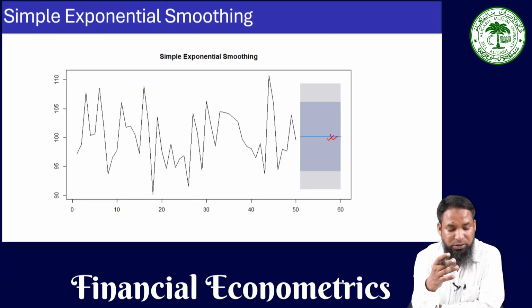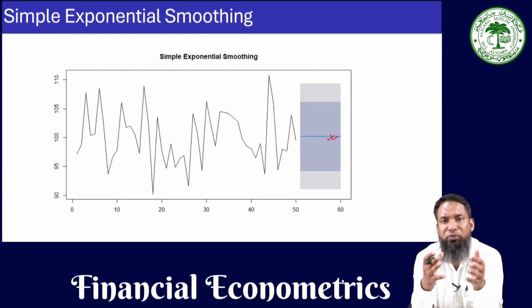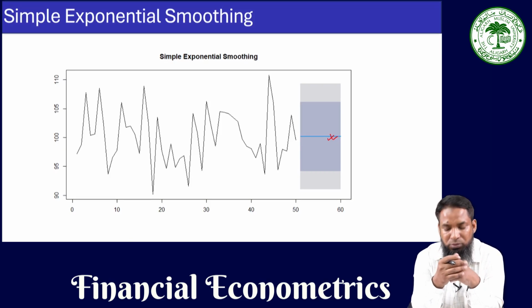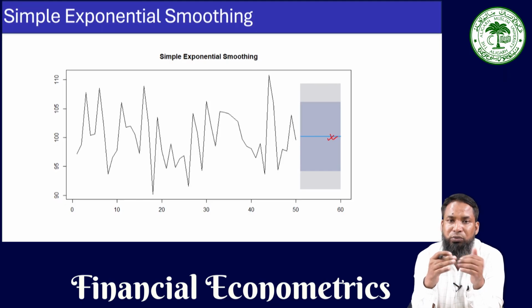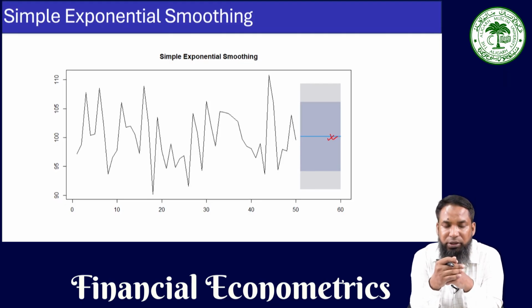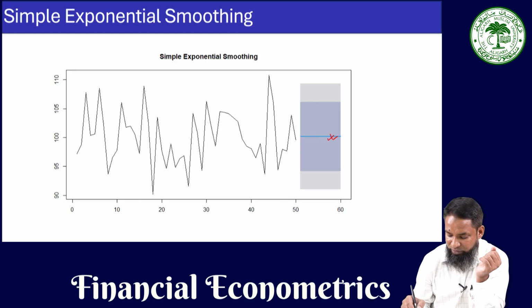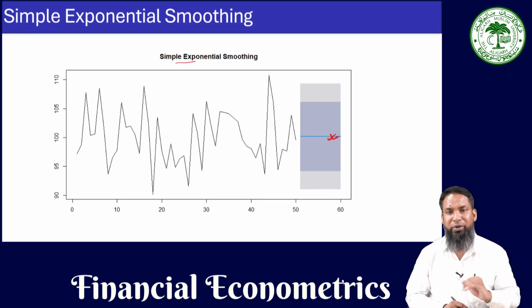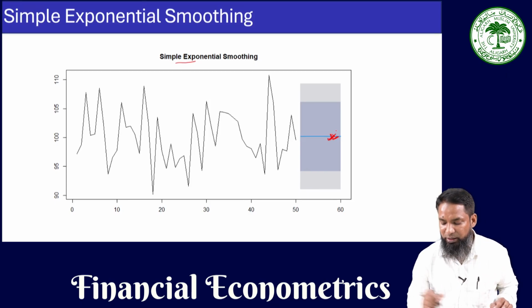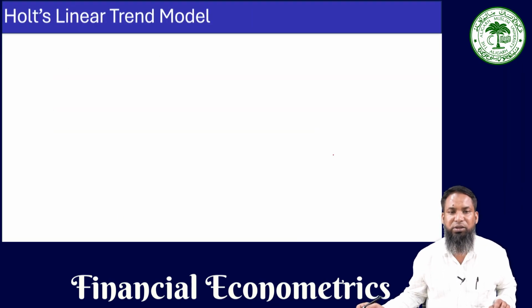One thing has to be mentioned: often simple exponential smoothing is used for forecasting, rather than for deciphering the trend or the seasonal component. So here we have used the simple exponential smoothing to forecast this. Often the forecast will be very stable, and these bars show the standard errors of this method.